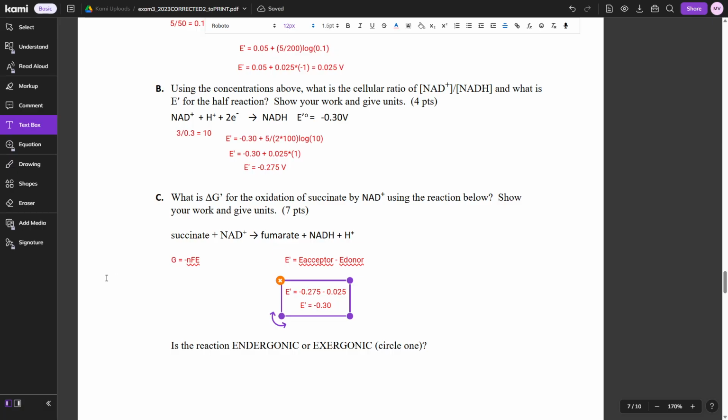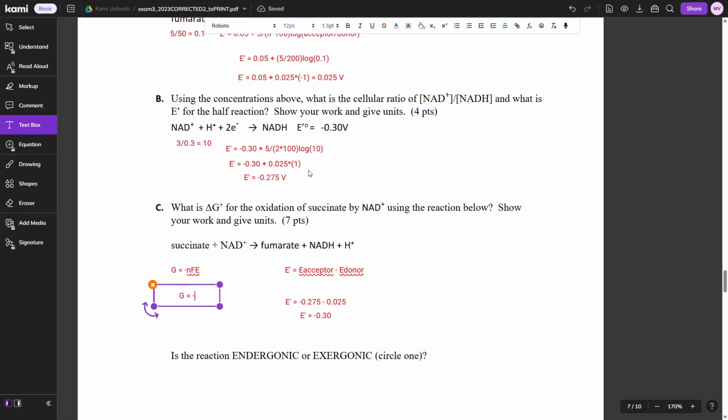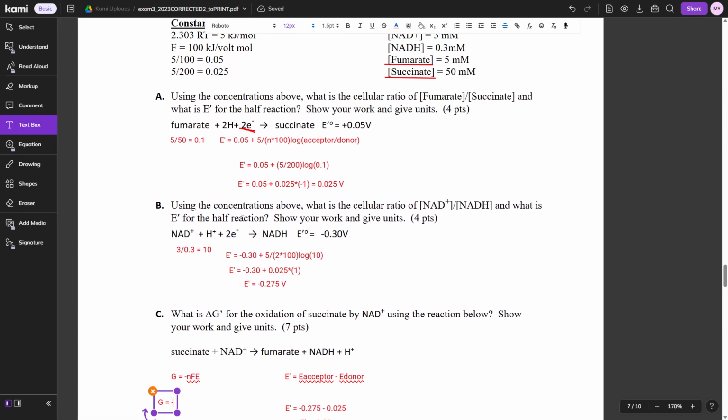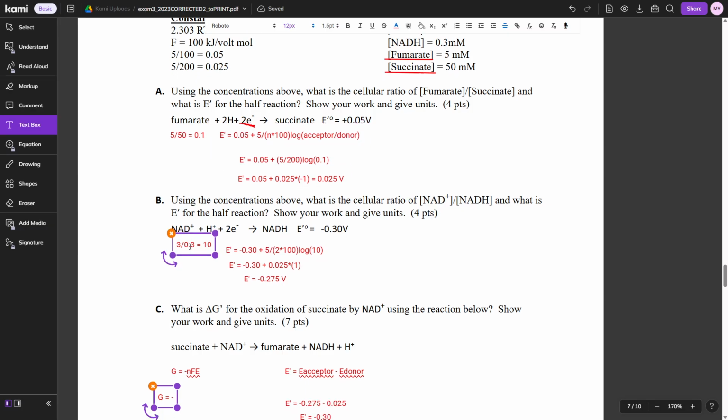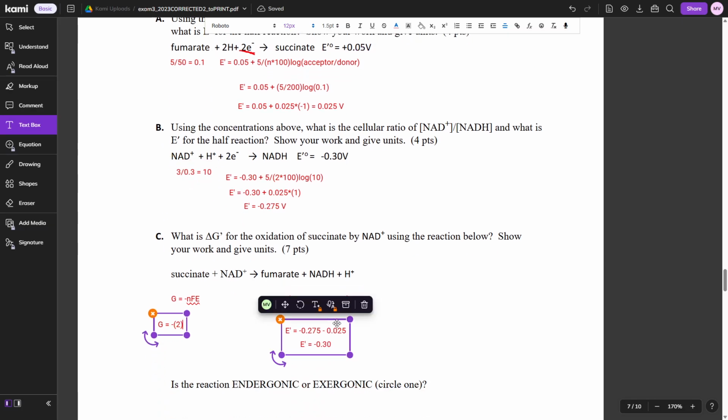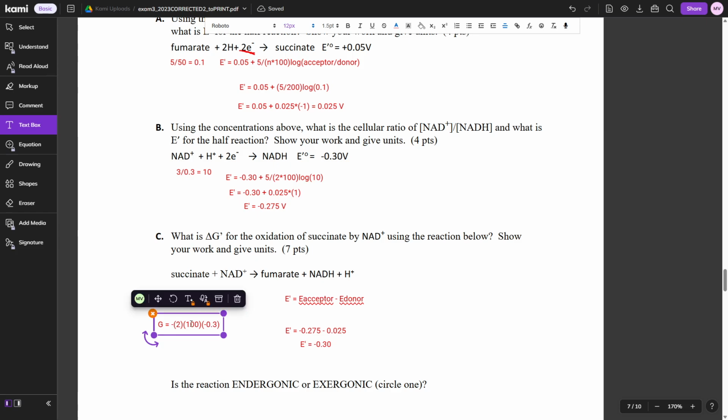And then you just got to plug this into the equation. So G equals negative N, and the number of electrons here is just going to be 2, right? Because it's just 2 for both of these, and we're combining them. So negative 2, F is 100, and then E is just going to be this negative 0.3. And I think the easiest way to do this is, one, the two negative signs here cancel.